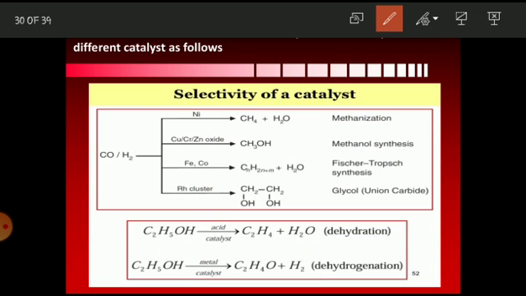So remember guys, dehydration is removal of a water molecule, and this reaction takes place in the presence of an acid catalyst, and dehydrogenation, that is removal of hydrogen, takes place in the presence of a metal catalyst. So here also we can say that the product depends on the selectivity of catalyst. Have you understood? Yes.